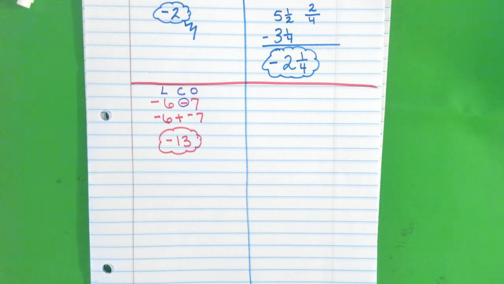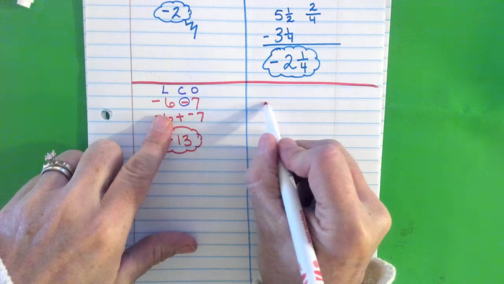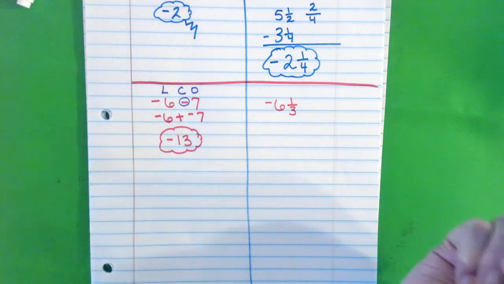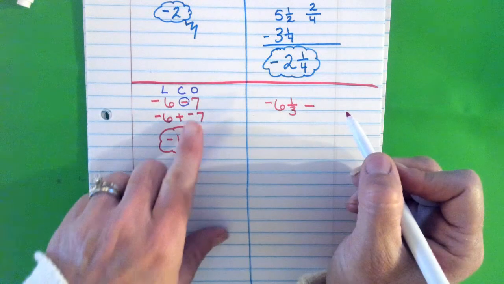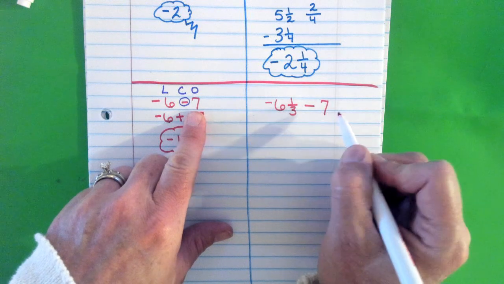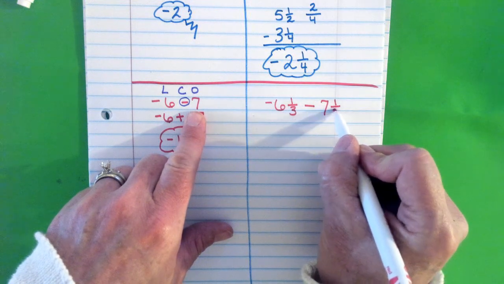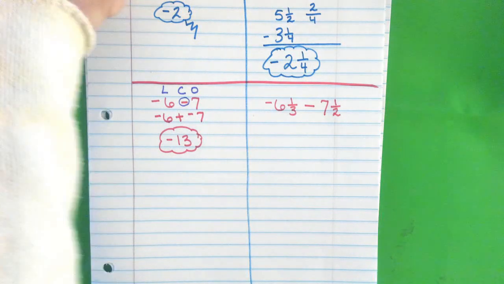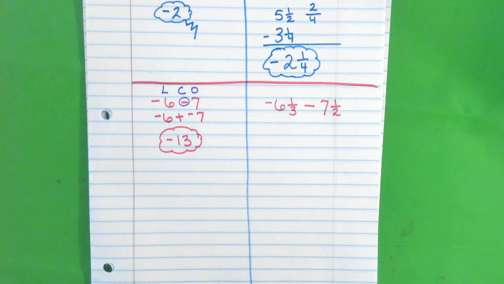Okay, now what if I add some fractions into this? I'm going to use the same -6, but I'm going to put in a third, and then I'm going to subtract 7 again, but I'm going to put 7 1/2. Would I still do LCO? Okay, switch to my purple real quick.